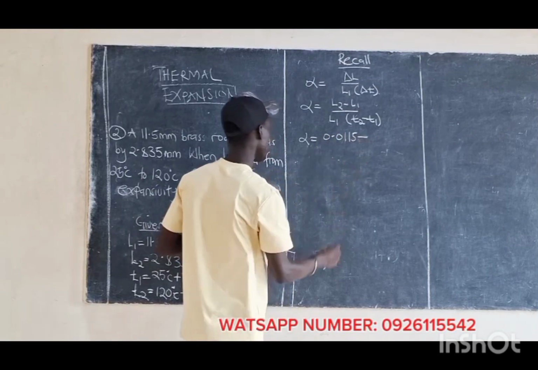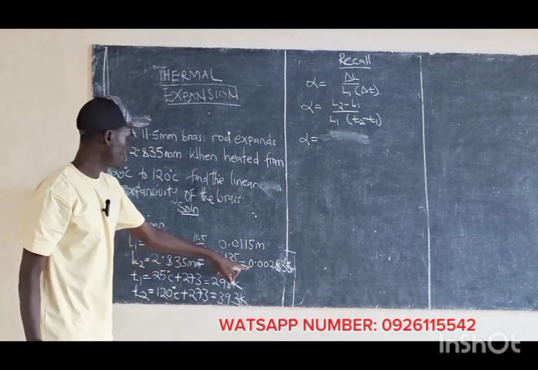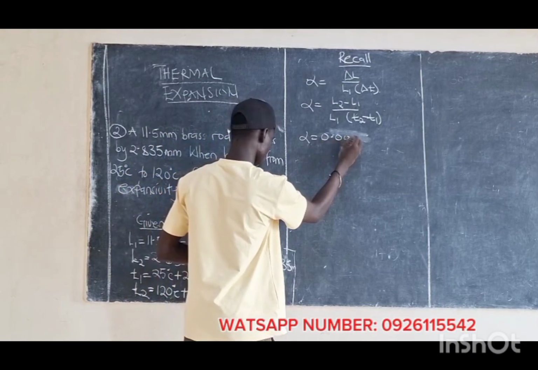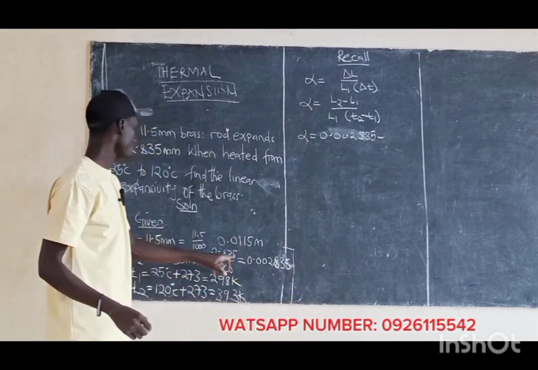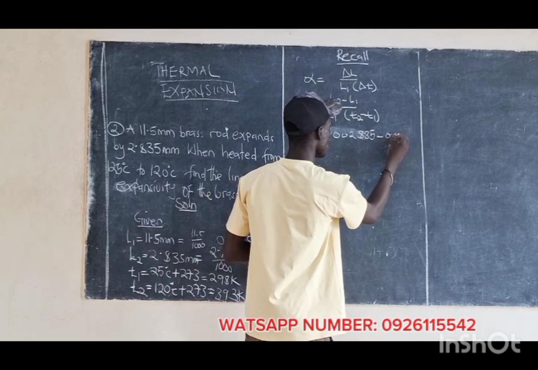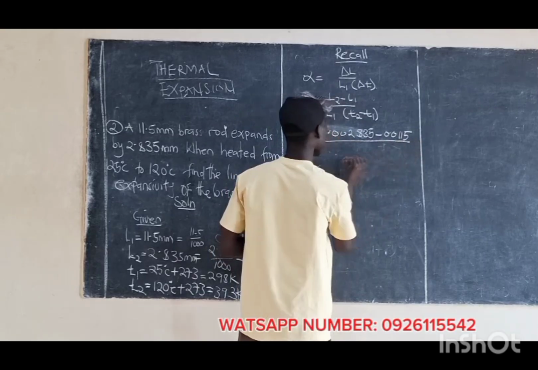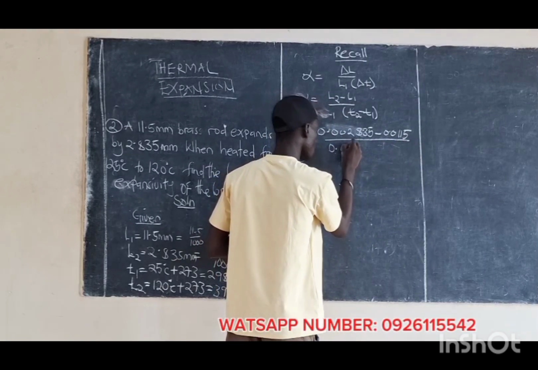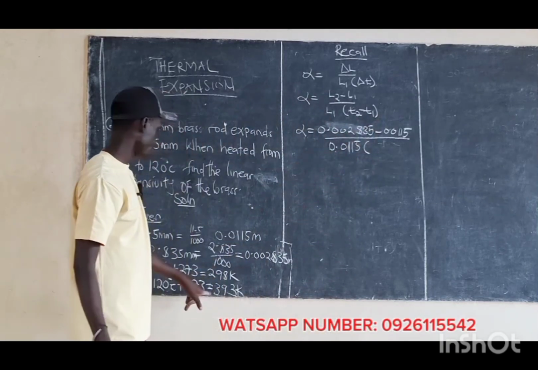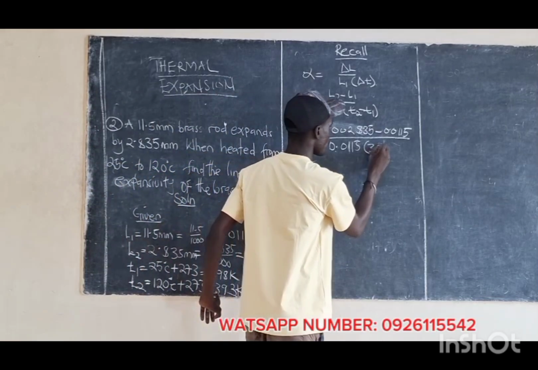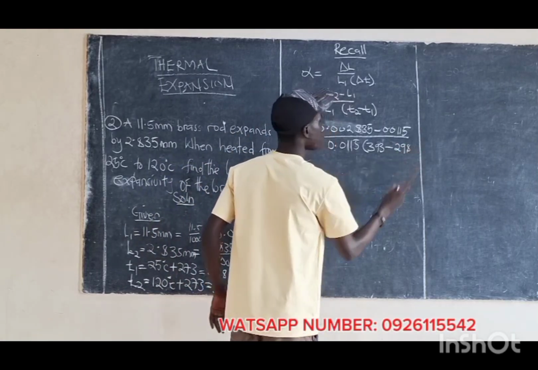Our L2 here is 0.002835 minus L1, our L1 is 0.0115, all over L1, our L1 is 0.0115, times T2 minus T1, our T2 is 393 minus T1 which is 298.